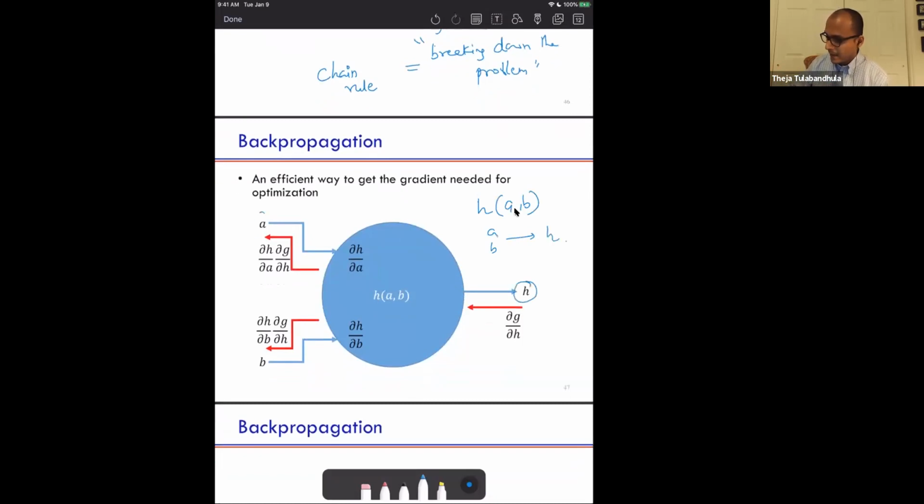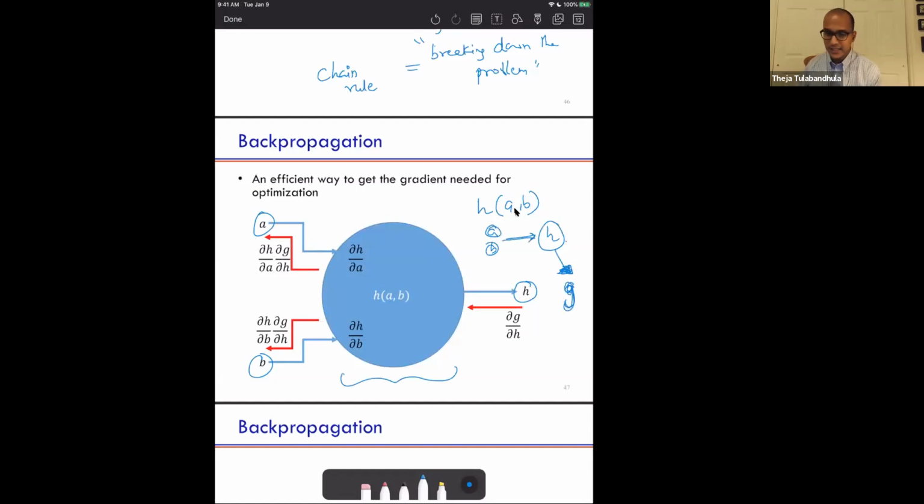Now let's say that H is subsequently used in the computation of a value called G. So we started with A and B, our inputs, from which we got an intermediate value H, and from there we got a final value, let's call it G. This picture is representing the computation H using a graph notation.